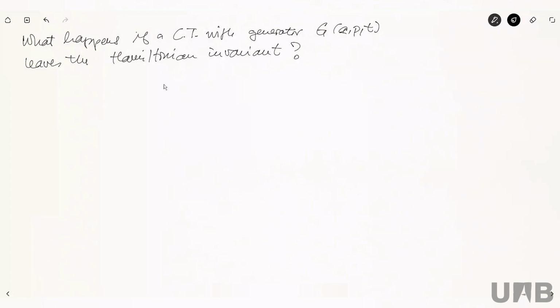So what happens if we have a generator? We make a canonical transformation which leaves the Hamiltonian invariant.